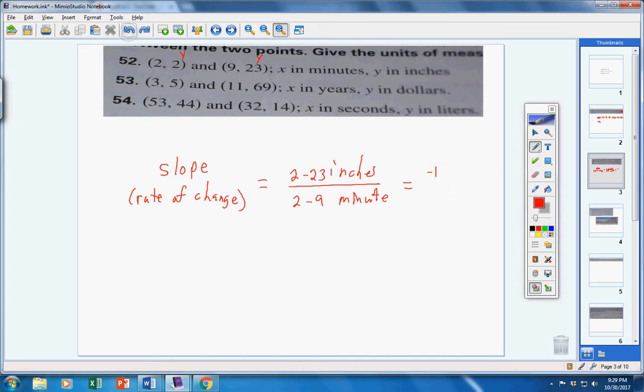Boy, I'm really struggling, aren't I? Sorry, guys. Negative 21 over negative 7. A negative over a negative is positive. 21 over 7 is 3, so it'd be 3 what? 3 inches per minute. There you go. That's the rate of change. Got it? It's changing 3 inches per minute.